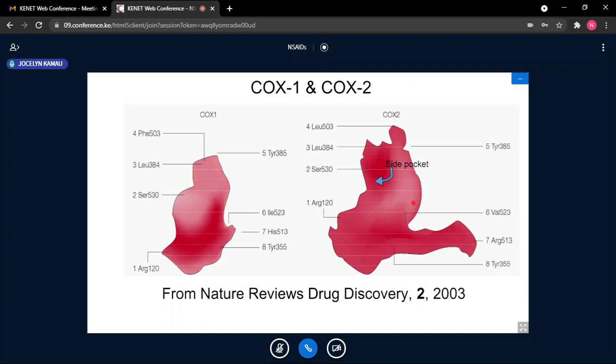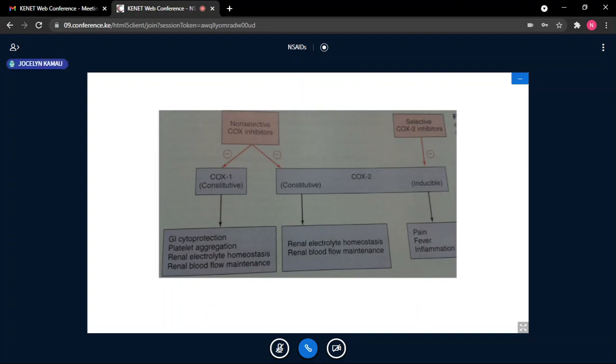But as we have said, the selective coxibs will also bind the inducible COX-2, which also has its role, and that is why it has been discovered that they can also bring about some toxicity, including kidney problems or cardiovascular issues. So this is just what we have.